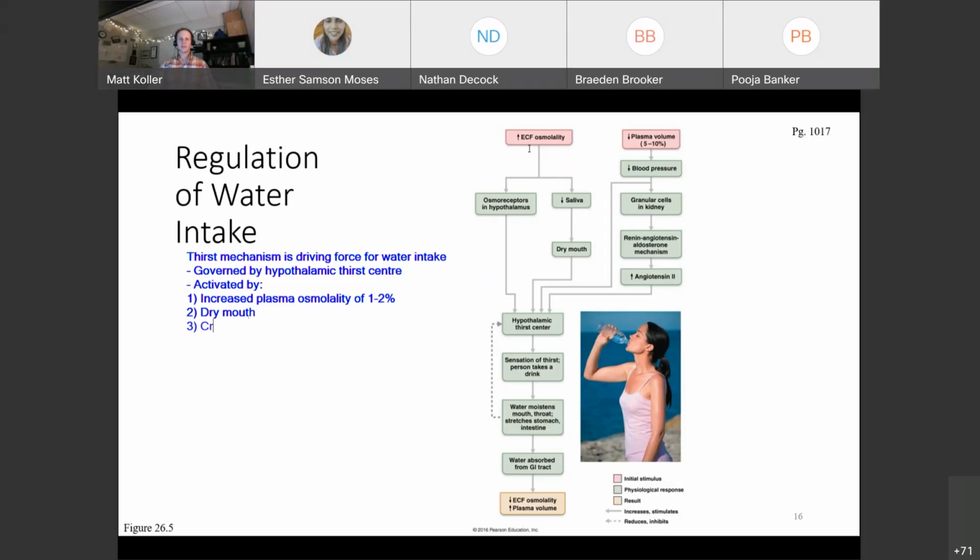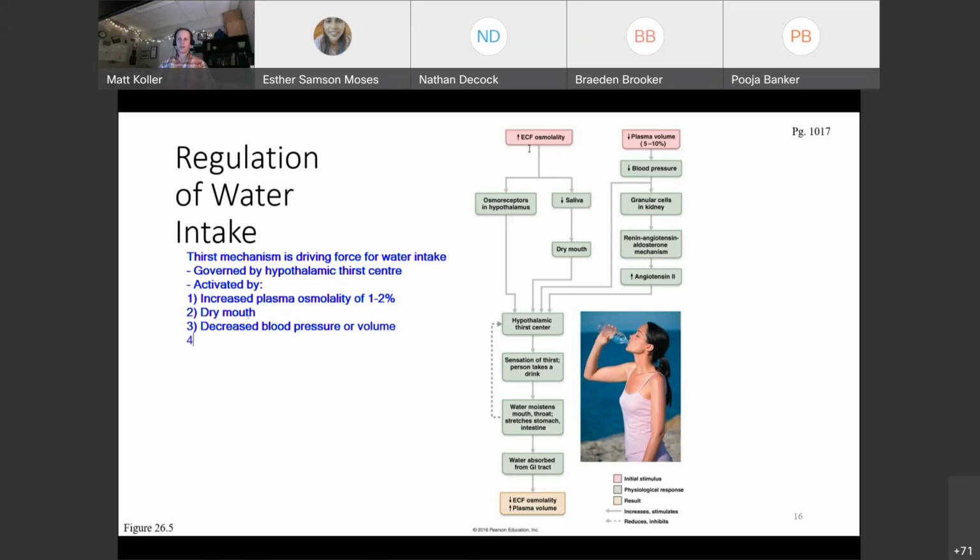They're also activated by decreased blood pressure or volume. So we think about this. If you have, say, 6 liters of blood or 5 liters of blood, and that goes down, which will cause a decrease in blood pressure, that's a mechanism or a signal for your body to say you need to get more fluid in you. So you drink more water, okay?